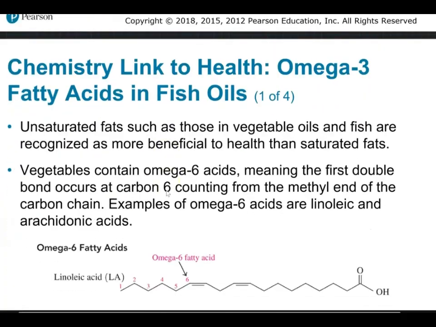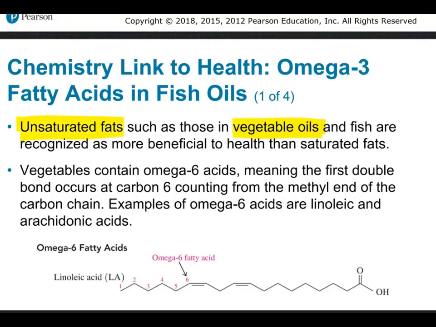Now, why do we care so much about those unsaturated fatty acids? First of all, the reason why oils, like vegetable oils, are liquid is because they contain mostly unsaturated fats.